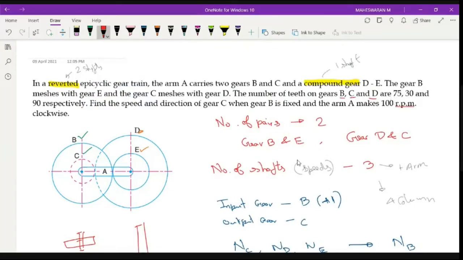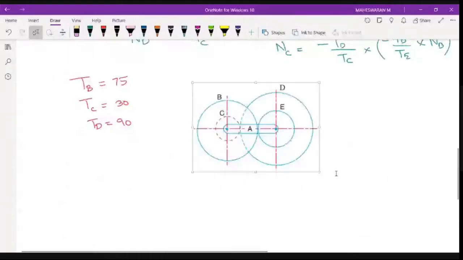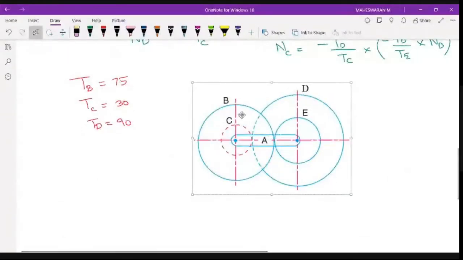How to identify that? It is mentioned as reverted. What is reverted? The input and the output axis will be the same. I'll copy this and put it here. In that case, you know that the distance will be the same.